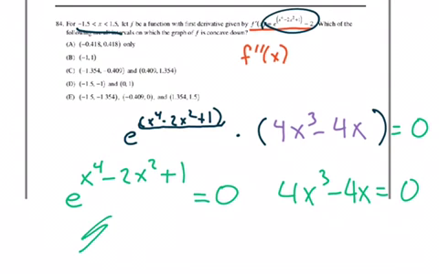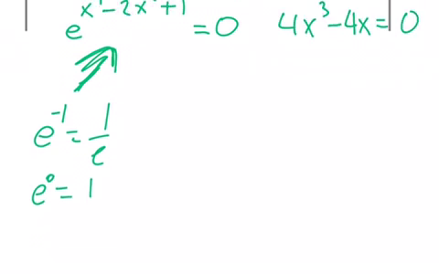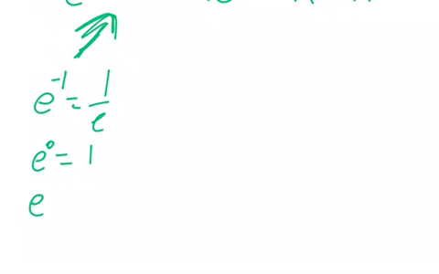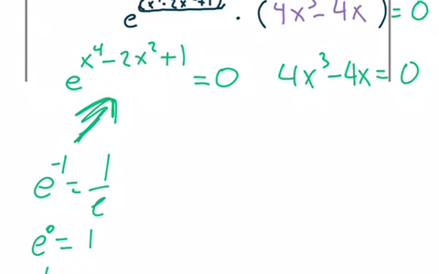There's nothing that's going to get it equal to 0, right? If you take e to a negative number, it just makes it a fraction. If I take e to the 0, it's just 1. If I take e to a positive number, you just get e or values greater than e. So you'll never cross 0. So the only viable solutions are going to occur with this solution here.